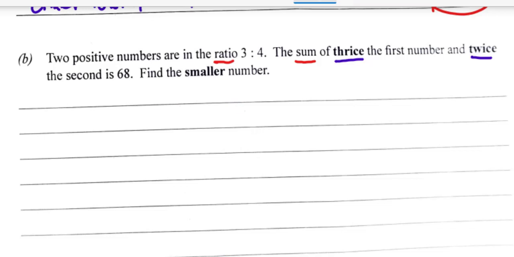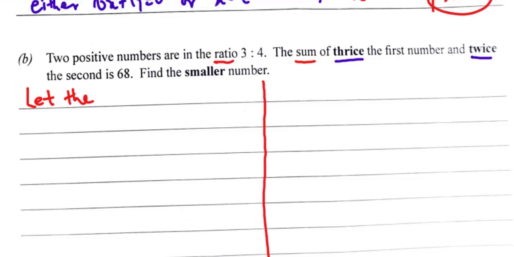All right, so it says that two positive numbers are in the ratio 3:4. So I don't know the numbers. If I want to use two variables, this is what I'm going to do. The first thing I'm going to write is, let the numbers be x and y.